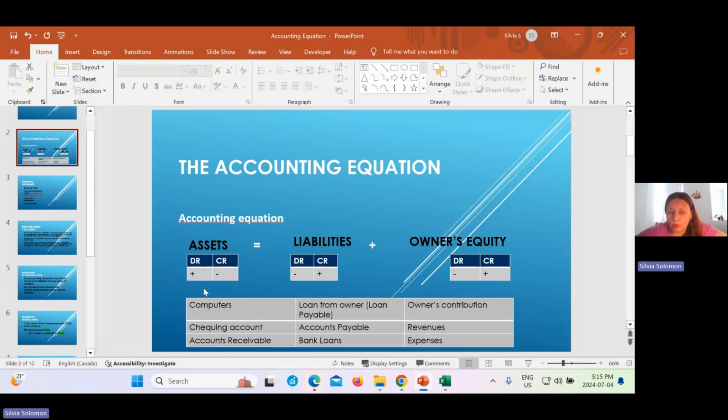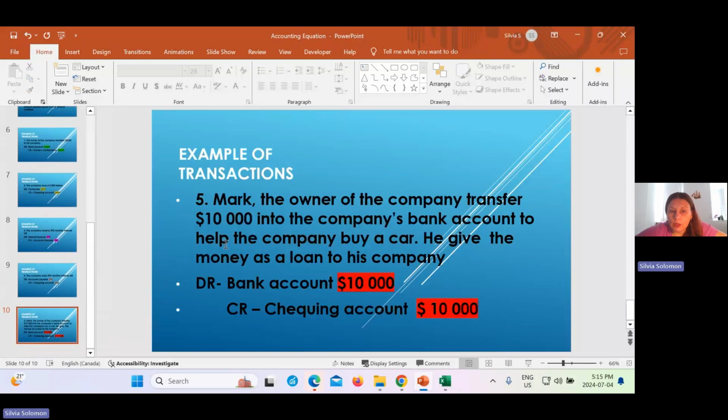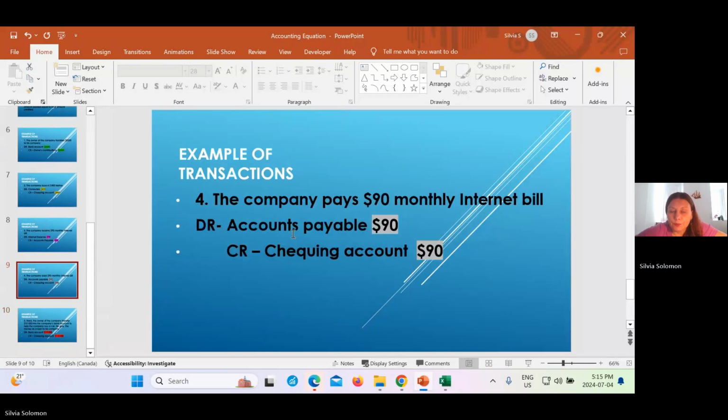It's our bank account. So it's going to decrease by crediting. So in our case, accounts payable minus 90. We don't have a liability anymore, and credit the bank account.